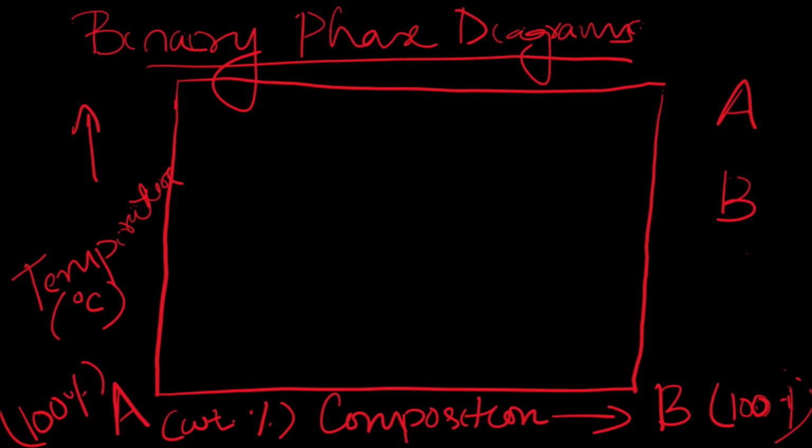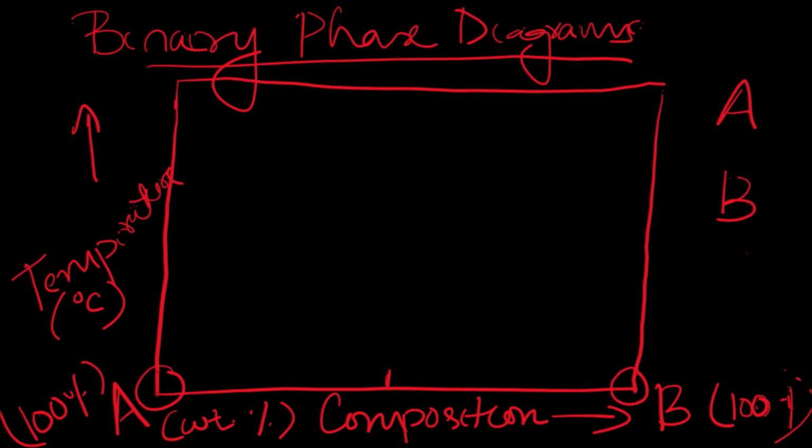That is, here A is 100%, here B is 100%. So in two component system, usually the total 100% is contributed by A and B. Here at this particular end, it is pure A, here it is pure B.